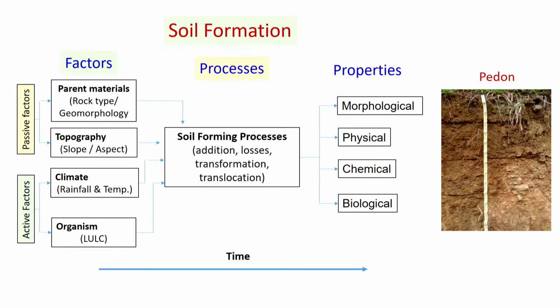So if we summarize how soil formation takes place, here you can see the factors, as I discussed earlier: parent material, topography, climate, organism.